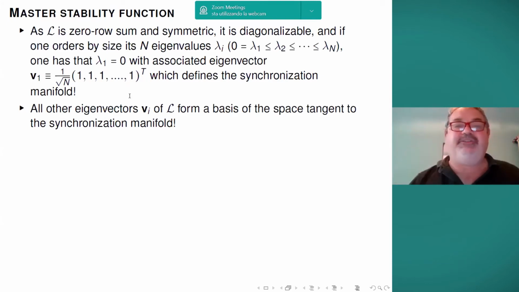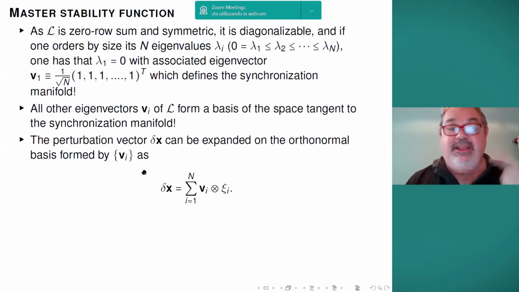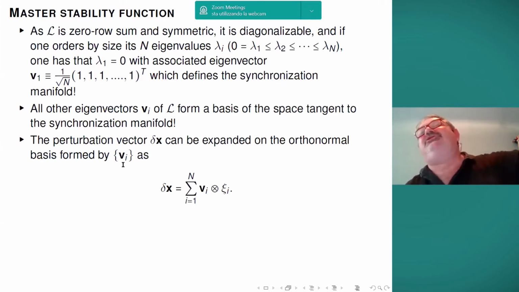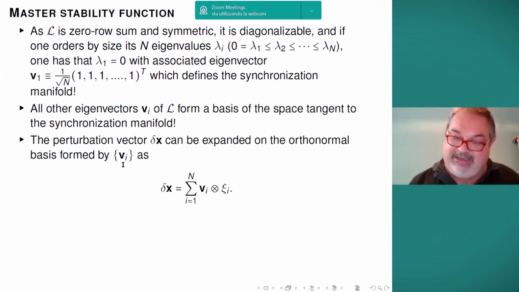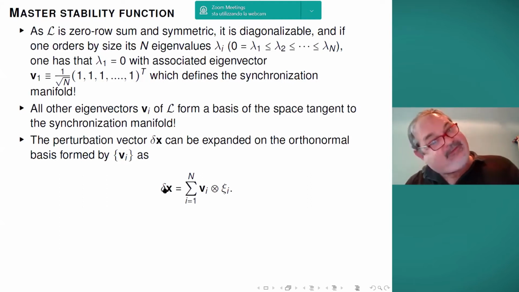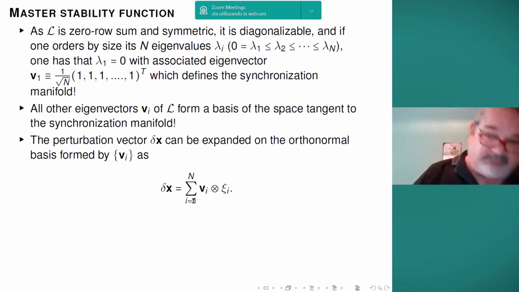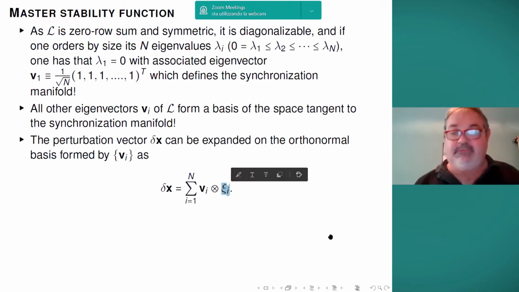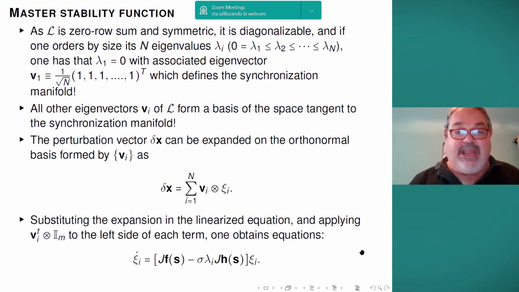Therefore, what I have to do is project my error vector onto this basis of eigenvectors, which are the ones diagonalizing the Laplacian. So I write this vector as a linear combination of these eigenvectors times some coefficients xi, project everything, and write an equation for each eigenmode xi.